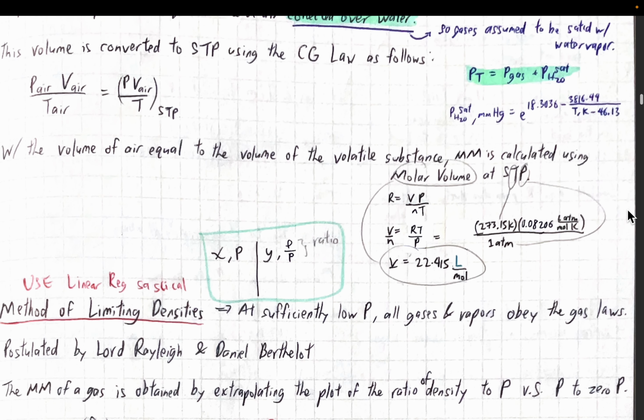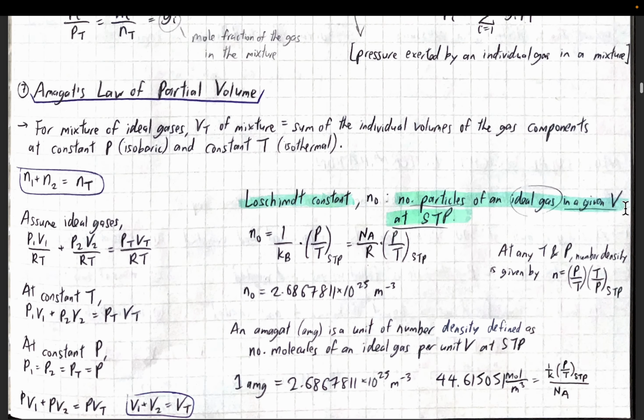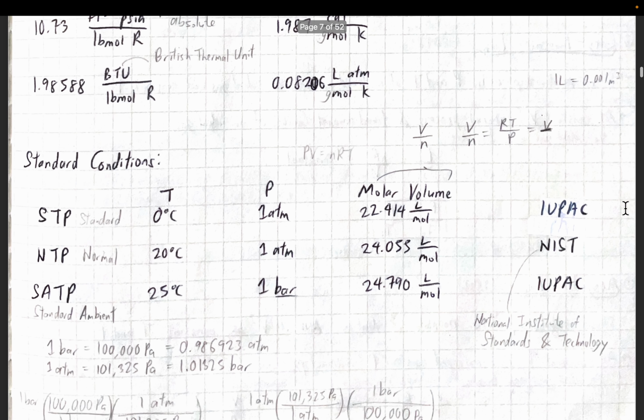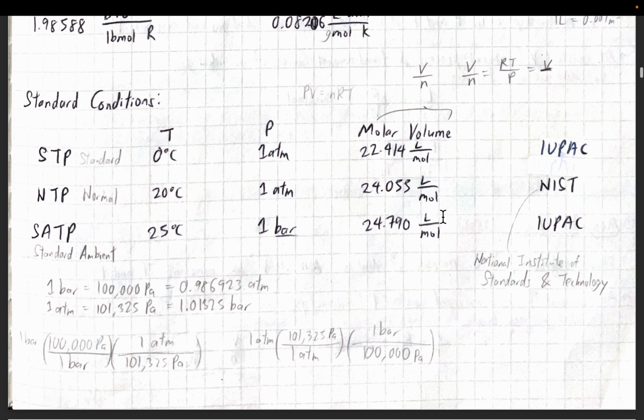But honestly, there's already a table for this. Where is it? There you go. So what we calculated for is the molar volume at STP, which is 22.414. That's exactly the number that we just calculated. So aside from that, you could also memorize this, so you don't have to calculate anymore.